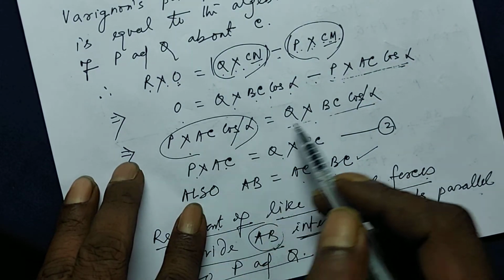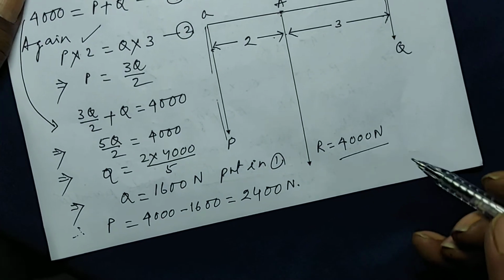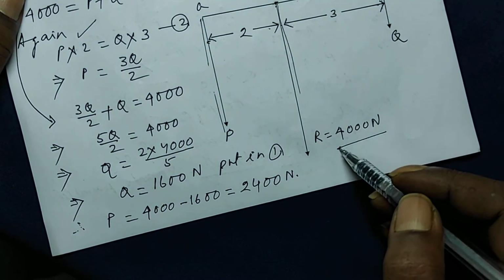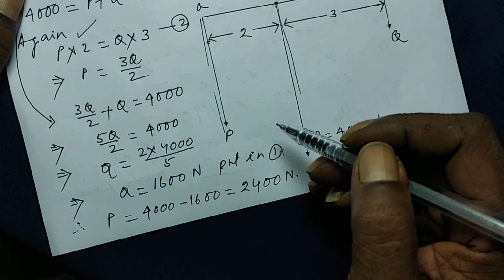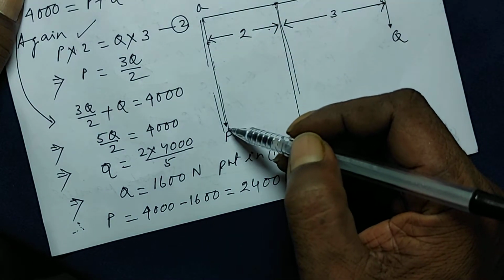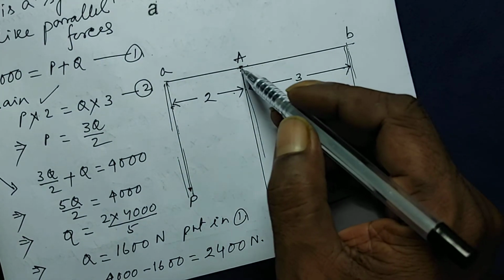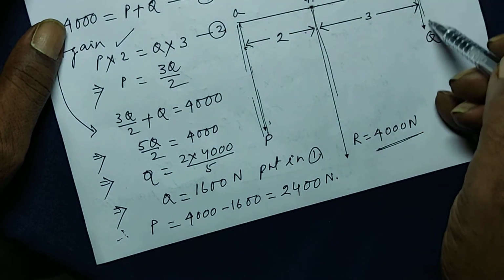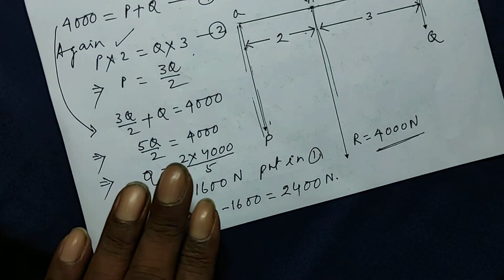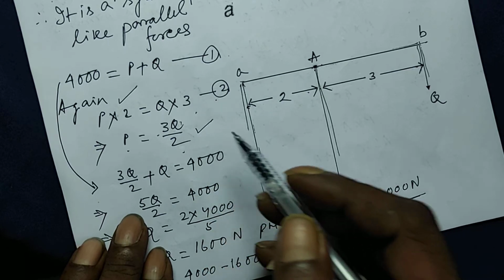Both must be equal, equal and opposite, meaning the moment of the force 4000 Newton about A is 0, and that must be the algebraic sum of the moment of the force P about A and the moment of the force Q about A. So P times 2 will be equal to Q times 3. If you take 2 to the left hand side, P becomes 3Q over 2.